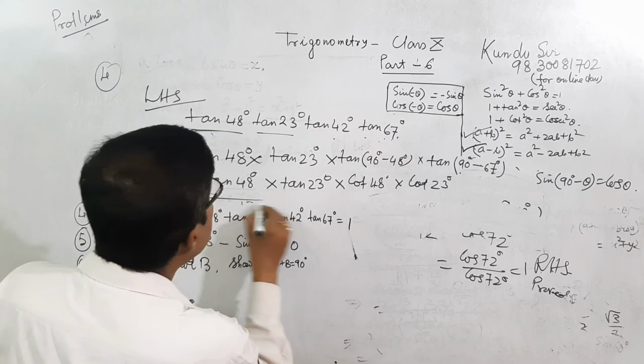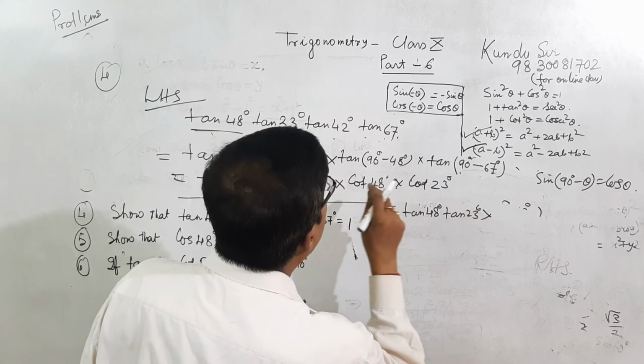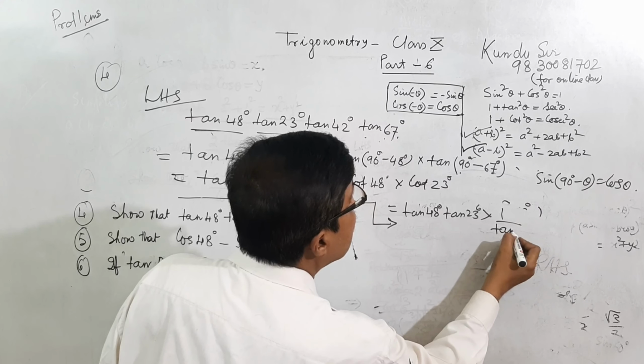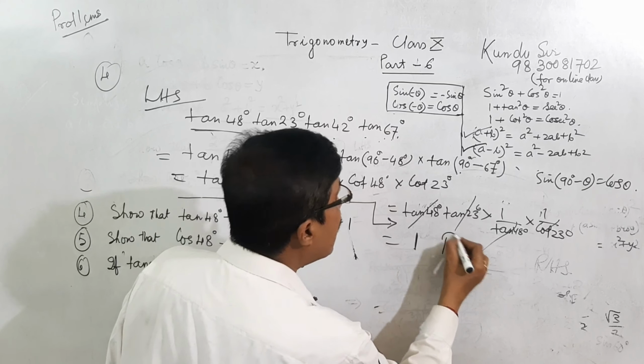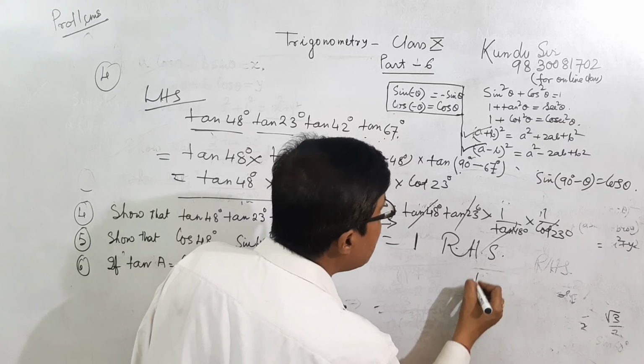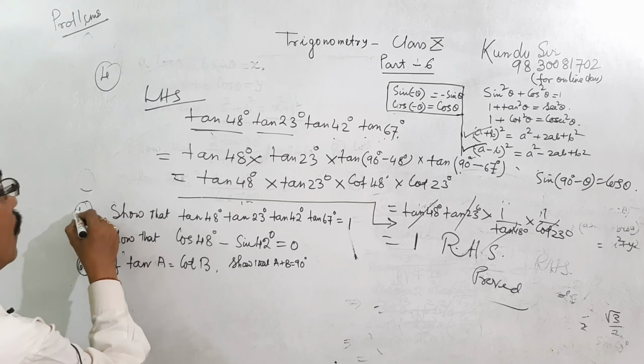Now from this it can be written as tan 48 degree, tan 23 degree, 1 by tan 48 degree, and cot can be written as 1 by cot 23 degree. Now we are getting 1, right hand side proved. Now problem 4 is over.